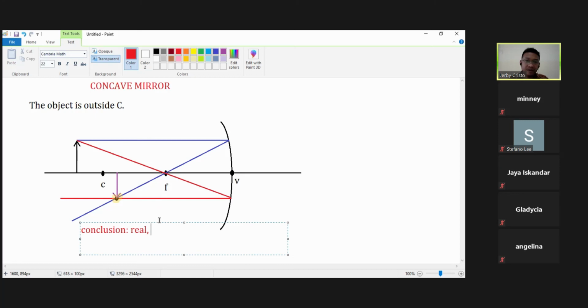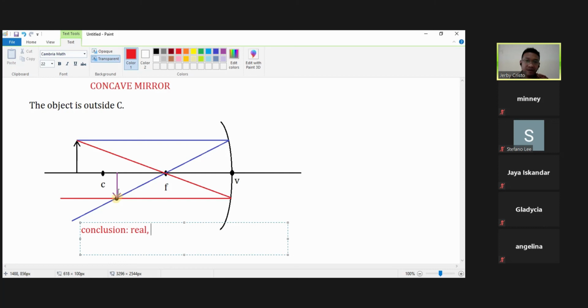Since it is formed in front of the mirror, it is real. If you put a white screen somewhere in front of the mirror, you can project on the white screen a sharp image of the object. That is possible because it is real.